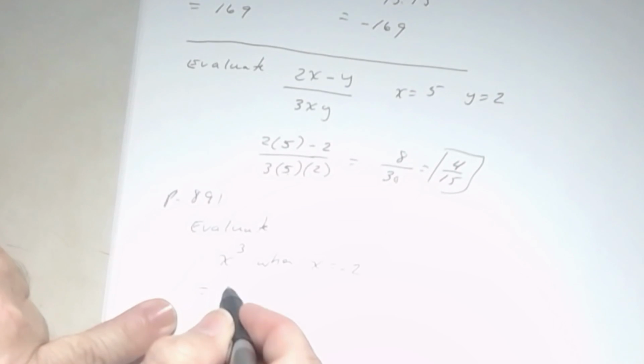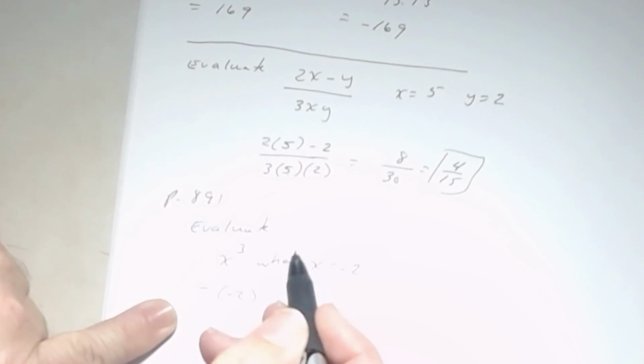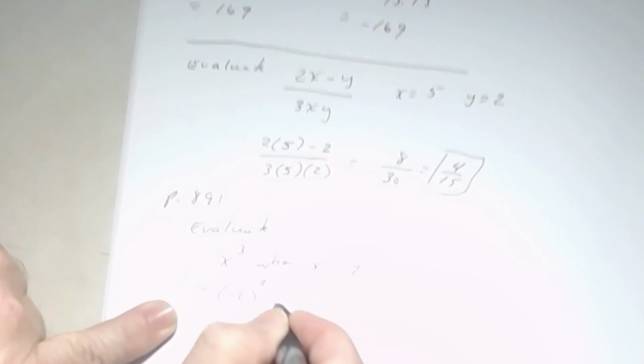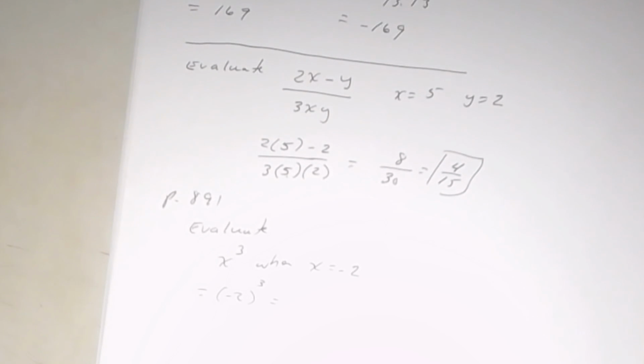Okay, so I'm going to say negative 2 in parentheses, but what is that being raised to? Third power. And so what's negative 2 times itself 3 times? Now remember, you have access to a calculator, so you've got to remember how to use your calculator. But you really need to know this without a calculator. So negative 2 times negative 2 is what? 4, and 4 times negative 2 is negative 8.